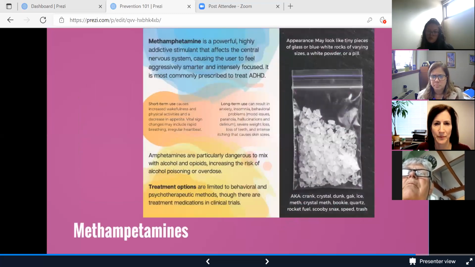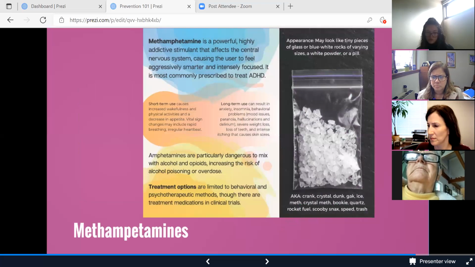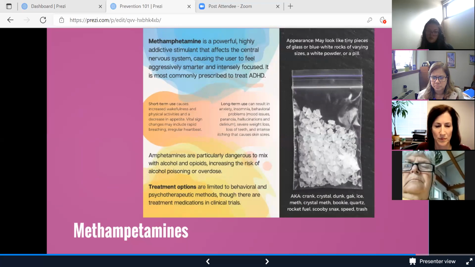Next, methamphetamines. These are stimulant drugs, and they also affect the central nervous system. However, instead of feeling sluggish or slow or having a slowed down perception of reality, people who use methamphetamines are said to feel aggressively smarter or intensely focused.